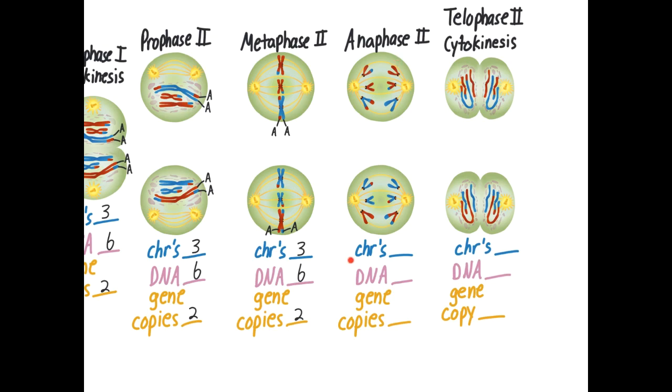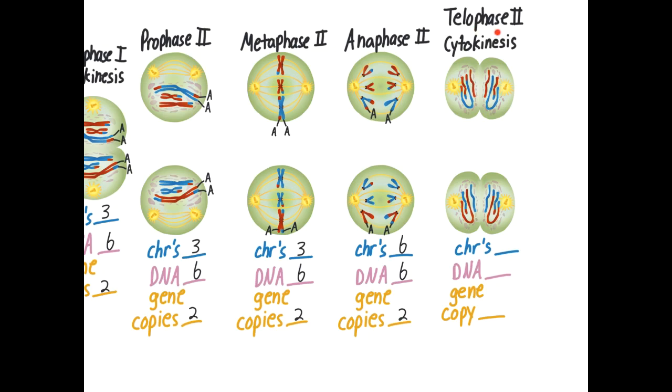So the number of chromosomes in each cell doubles, because each chromatid is now considered its own chromosome. So we now have 6 chromosomes in each cell. The number of DNA molecules is also 6, because now each chromosome is made up of only 1 DNA molecule. Each cell still has 2 copies of each gene.